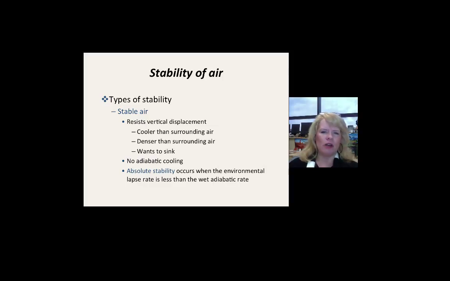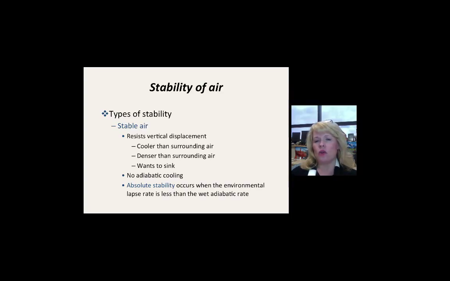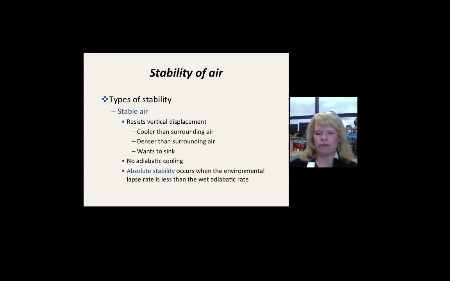Stable and unstable air masses are important to understand as we move into air masses. So stable air has very cool, dense air that tends to sink, and the reason it does this is there's no adiabatic cooling. You'll learn about adiabatic and lapse rates for both dry and wet conditions and air masses, so stay tuned for that.